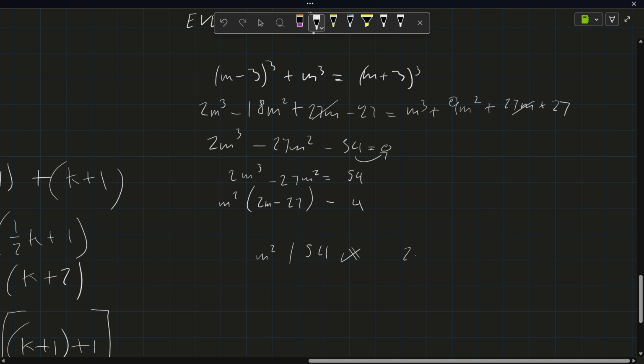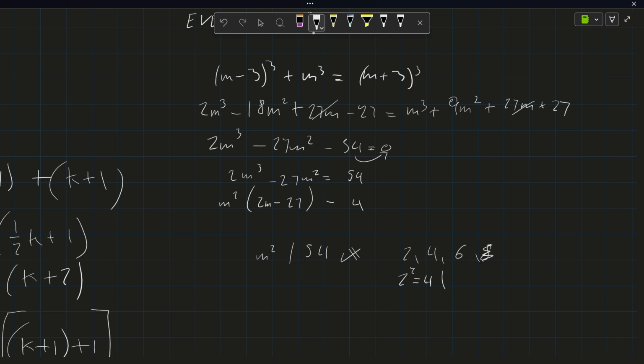It can only be 2. 8 is too large, so we can immediately rule that out. 2 squared equals 4, which is not a factor of 54. 4 squared is not a factor. 6 squared is 36, not a factor of 54. Hence, no such integer can exist.